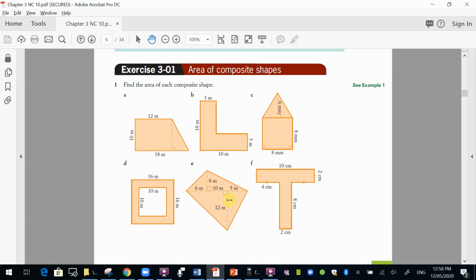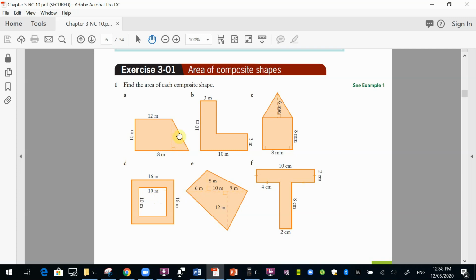Shapes are put together. The other type is where we have a gap somewhere, and it's asking for the area of the shaded part. So there's our two types. One where we have bits added and ones where we have bits taken away.